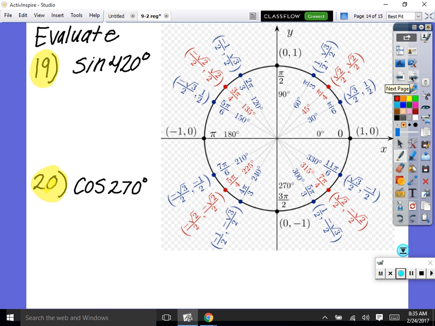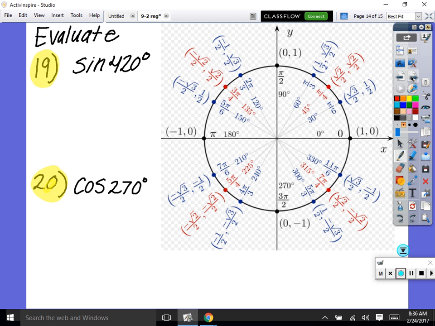Okay, so look at number 19. It says evaluate. Now notice, I want you to type it into your calculator. Sine of 420 degrees. Go, go, go, everybody. You get a decimal. Well, we would not accept that because this is a special angle on our unit circle. Well, I don't know that without actually figuring this out because look, isn't this 0 to 360?